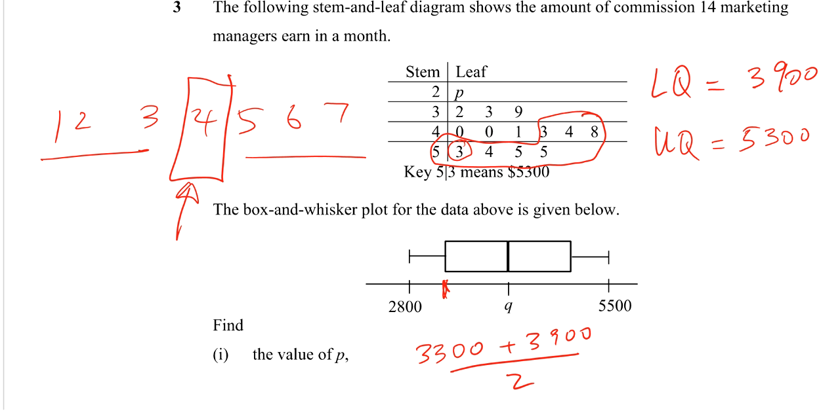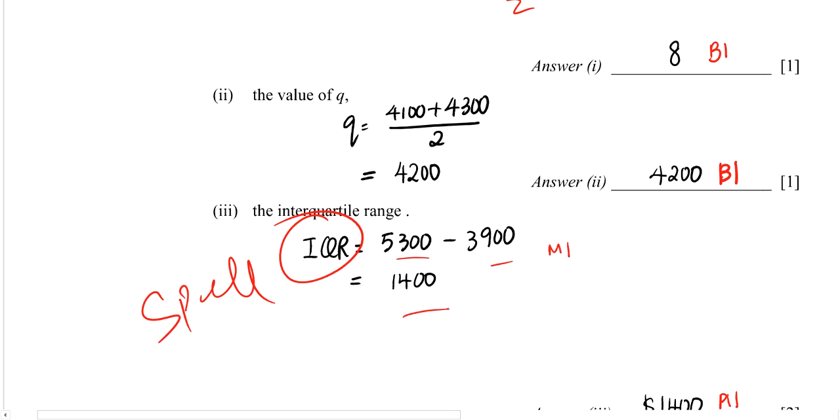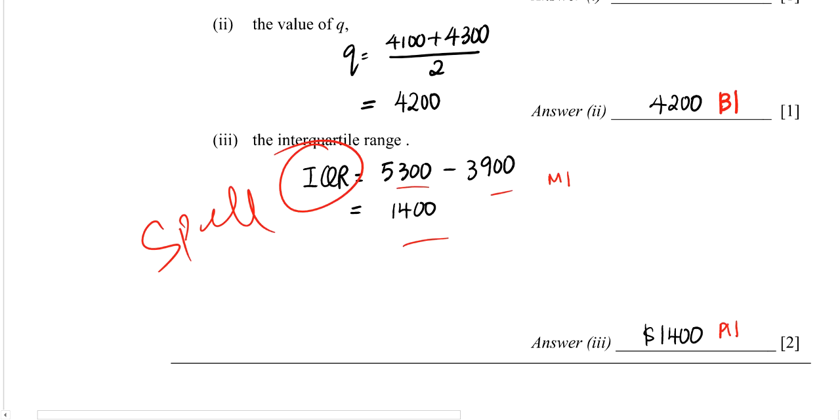You still have 7 numbers. The middle position will be number 4. So this is my upper quartile position. So my upper quartile value is 5,300. So that's 5,300 minus 3,900. Can?